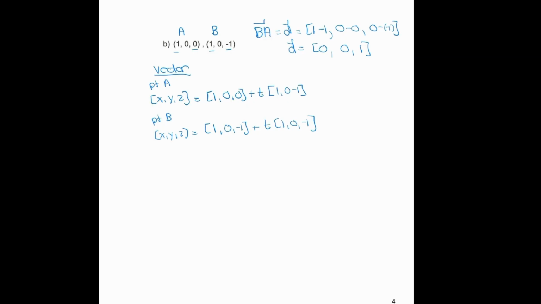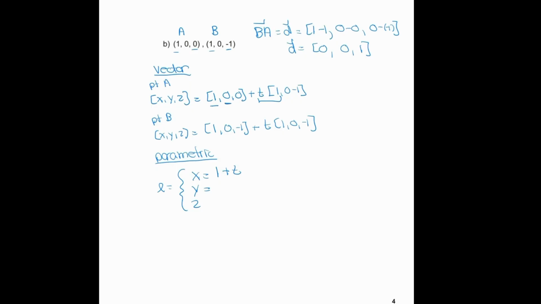So now let's look at the parametric. And I'm just going to stick this time with using point A. So our parametric vector, we just break it down into its components. So our line here will be equal to x, y, z. X is equal to 1 plus 1 times our t value, so 1 plus t.